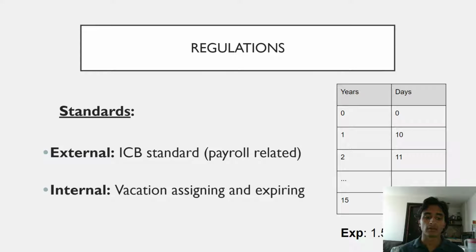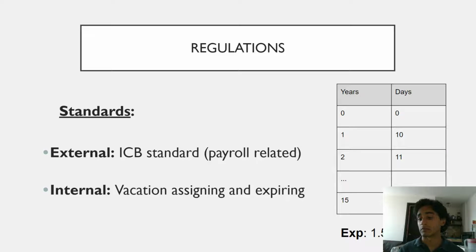And internally, vacations are assigned to employees depending on how many years they have spent in the company. That means if they have spent 1 year, that's 10 days of vacation a year. 1 more year is added, and so on.